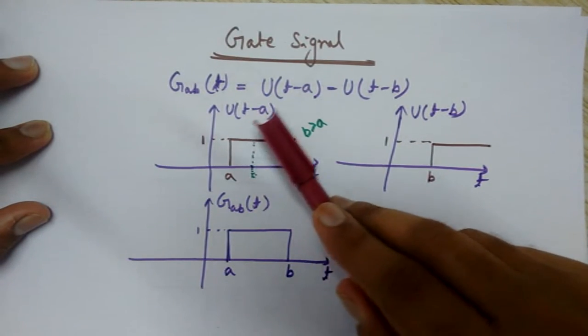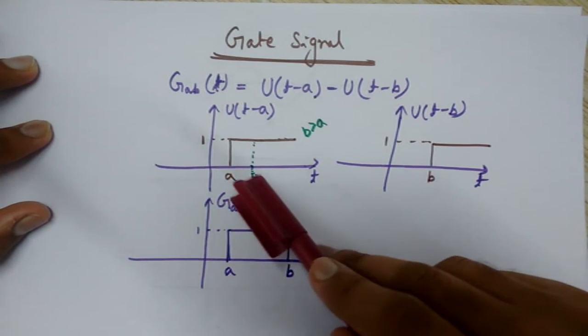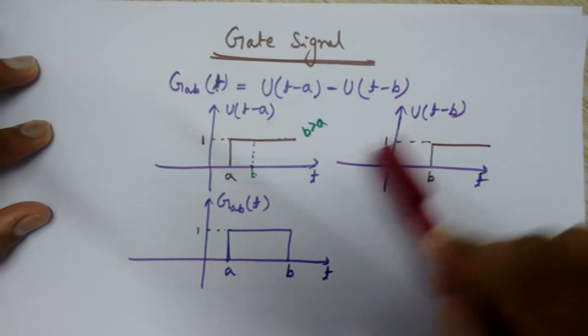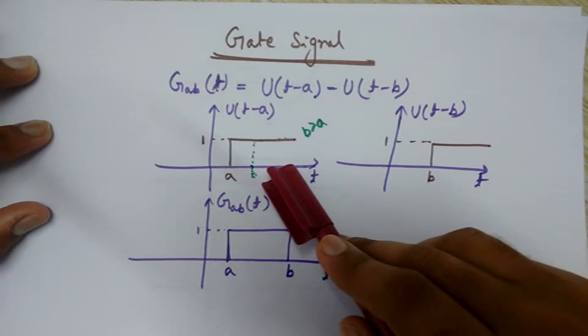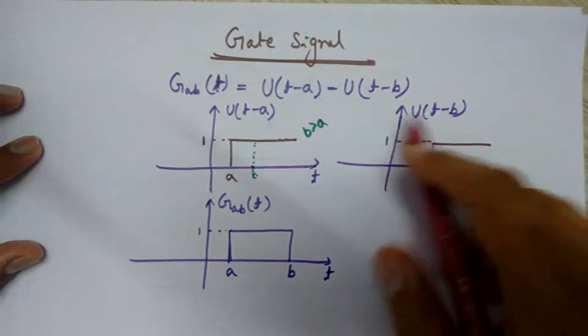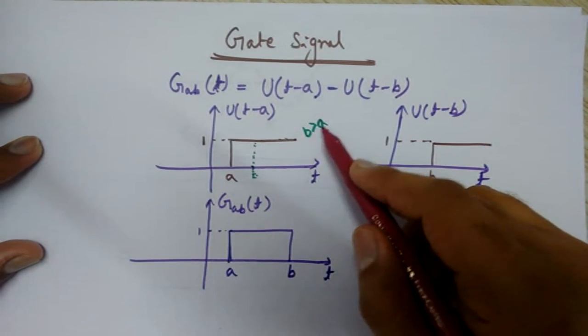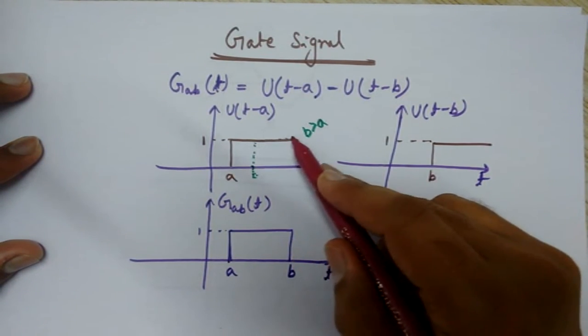So here you can see this dotted part. If I subtract u(t minus b), let's draw this u(t minus b) on this same graph, so b will come somewhere here. If it is greater than a, then it would be something like this.